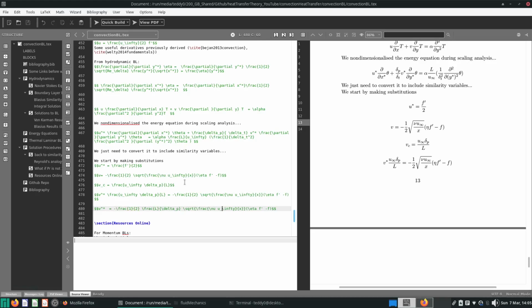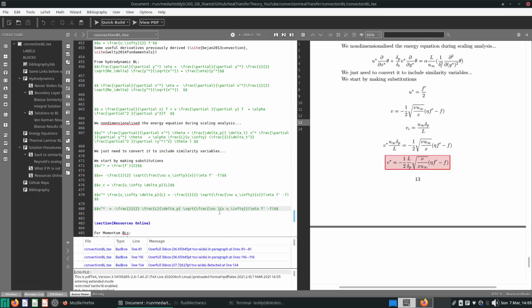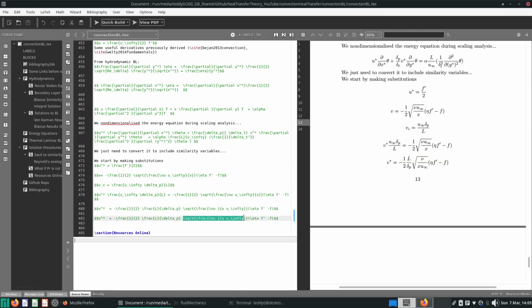So we divide throughout by U infinity, we will be getting U infinity in the denominator this time. Because when you bring the U infinity into the square root, it becomes a square kind of a thing, and then the whole left hand side should be non-dimensionalized. Okay, so I will just do it in this form. Re x to the power of minus half. Alright, so that's how we get our V star.